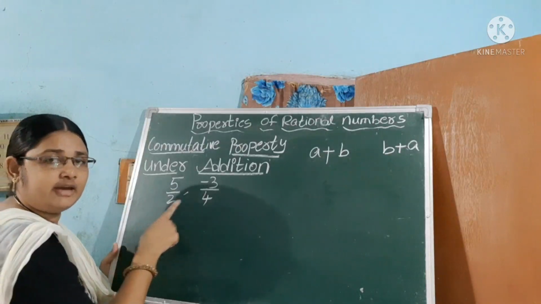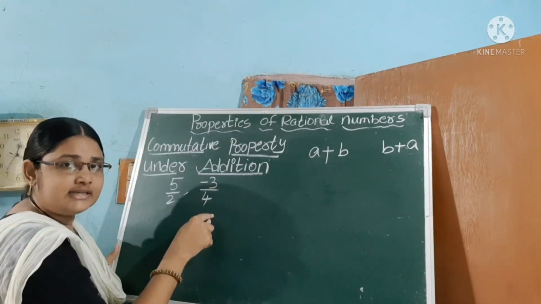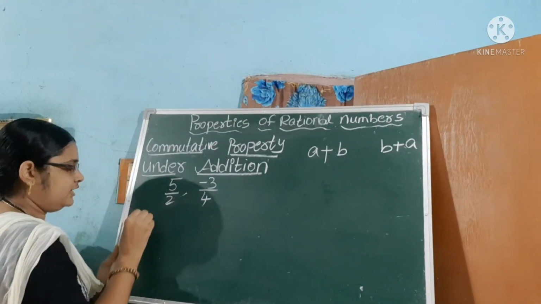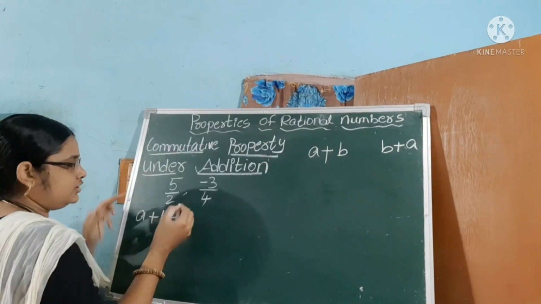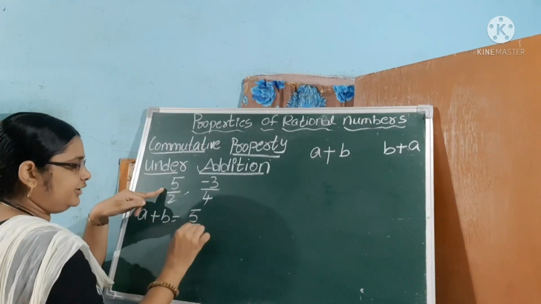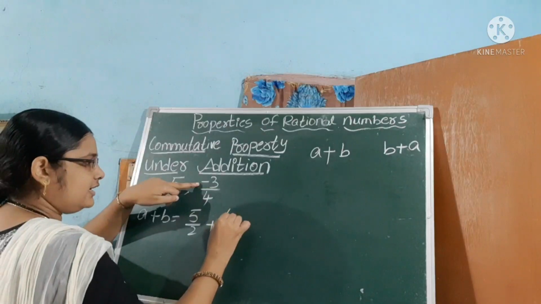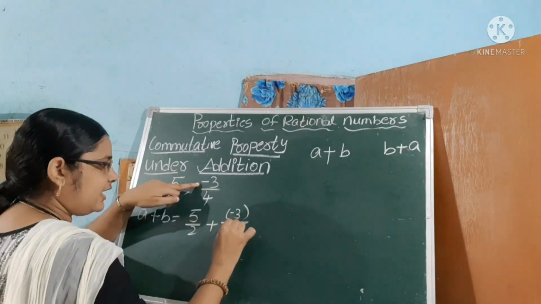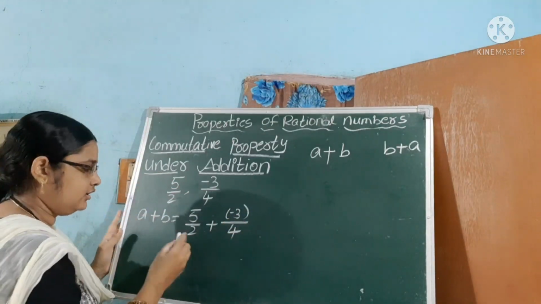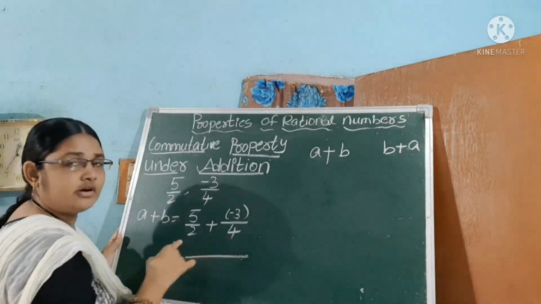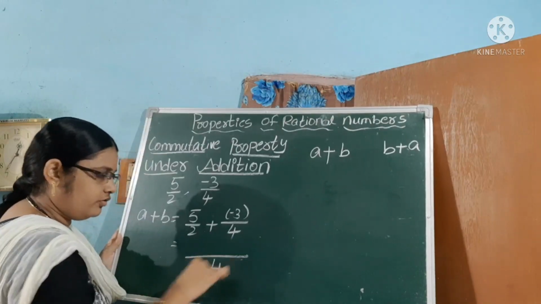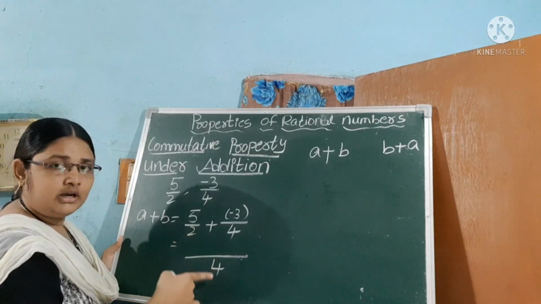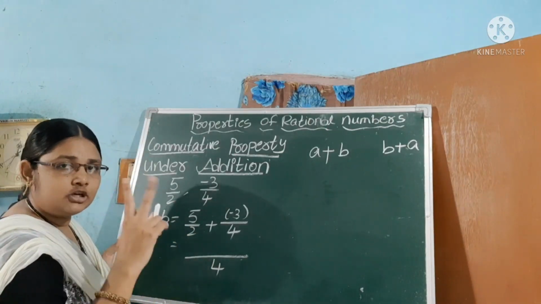So A value is 5 by 2, B value is minus 3 by 4. So check A plus B. A is 5 by 2 plus B is minus 3 by 4. Okay. So what is the LCM of 2 and 4? Very good, 4. 2 table in 4, how many times? 2 times.